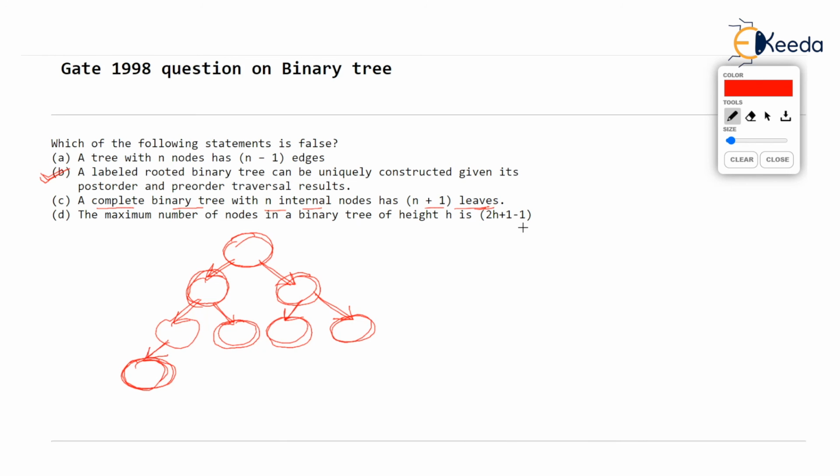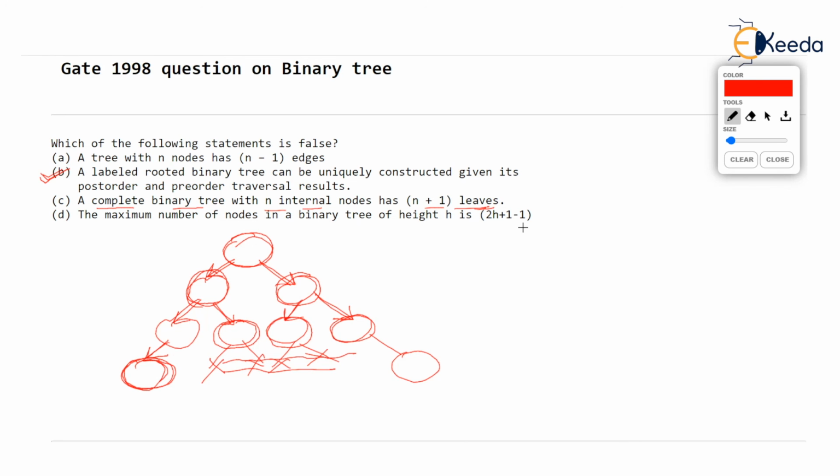If at all there are any children for nodes on the penultimate level, then they should be as far left as possible. So you cannot have a node here like this, with nothing in between, no children for these nodes. You can't have it like this in a complete binary tree.